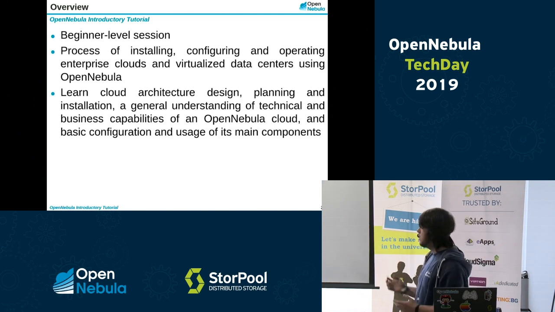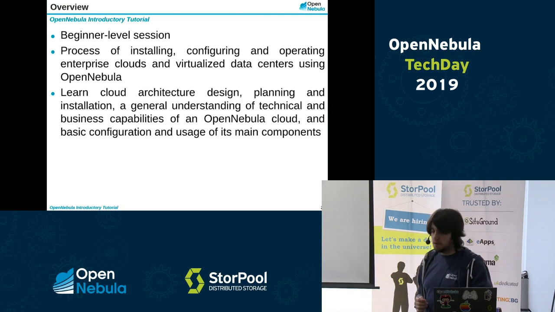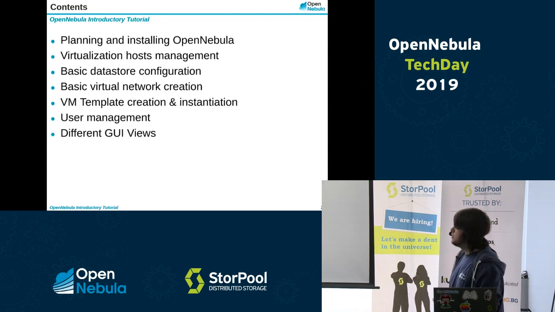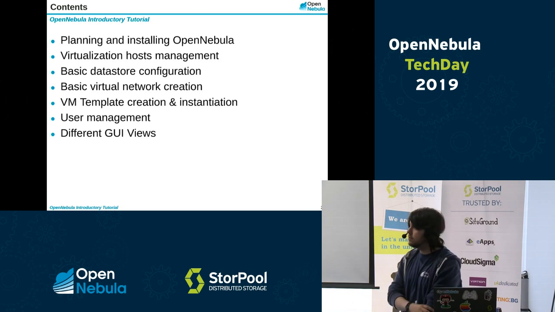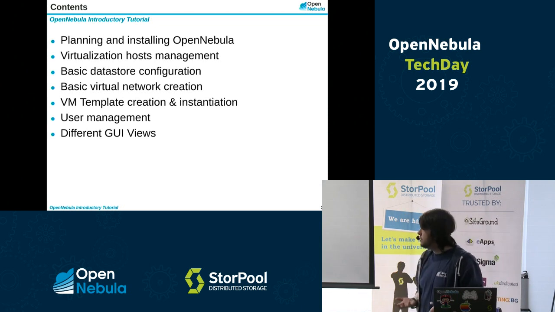Then we are going to learn about the cloud architecture, and how we can install and do the general and technical configuration of OpenNebula. So these are the contents. We are going to start with the OpenNebula packages, how to install them, and how to manage them. Then we are going to see what a host is in OpenNebula and how we can manage it.